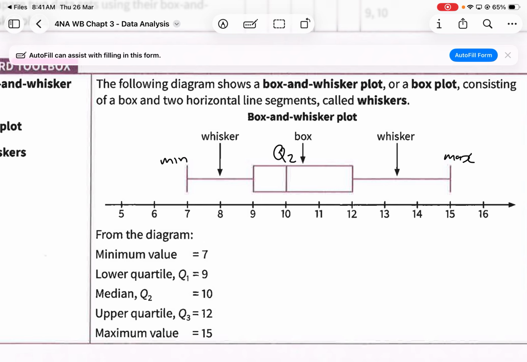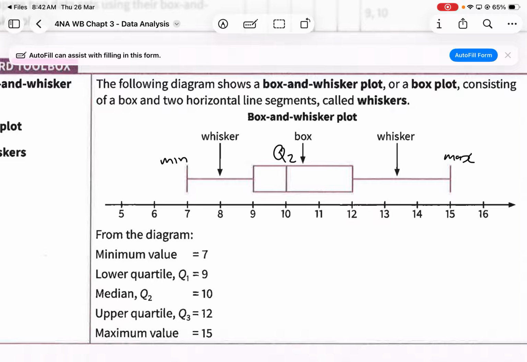So all the quartile values are actually at the vertical lines inside a box and whisker diagram. So if this one is Q2, then this vertical line is Q1. Then to the right, a bit bigger, this one is Q3.